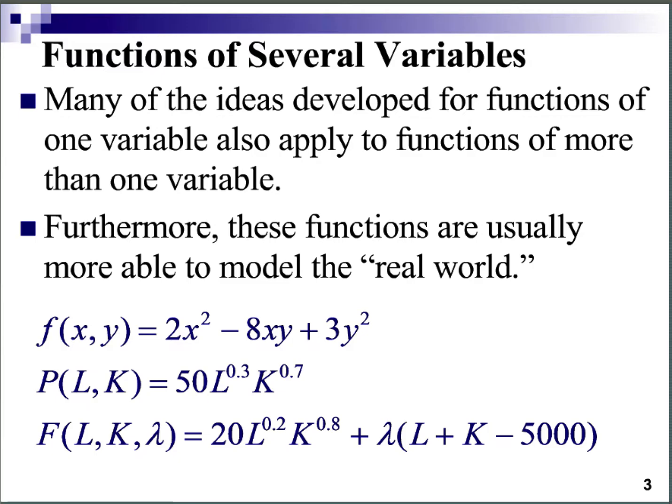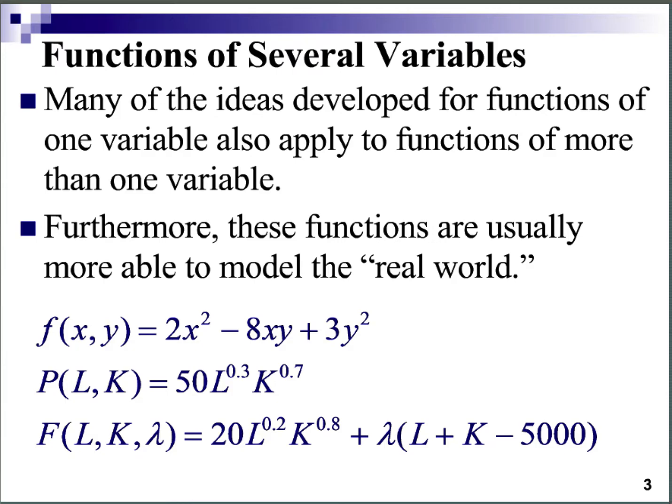And then capital F is called a Lagrange function, named after a mathematician, Lagrange. I believe it's spelled L-A-G-R-A-N-G-E. This Lagrange function is something that we'll use in the next topic, topic 8, to maximize functions that have multiple variables.